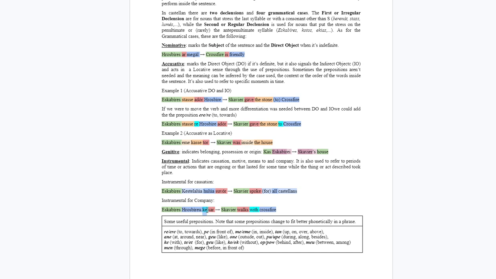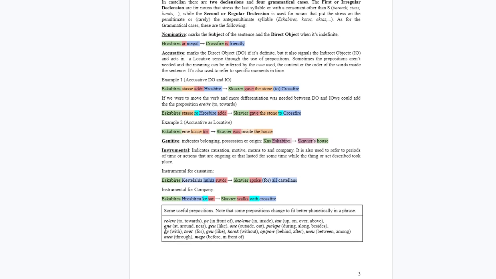We add the preposition que here, with. So we can see there is a primary meaning, or a primary sense for this grammatical case, or for this form that we can understand, and this is the causation. But then company usually needs to add this preposition to be fully understood.